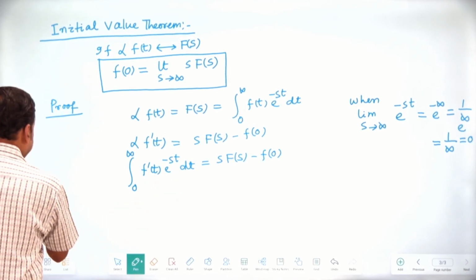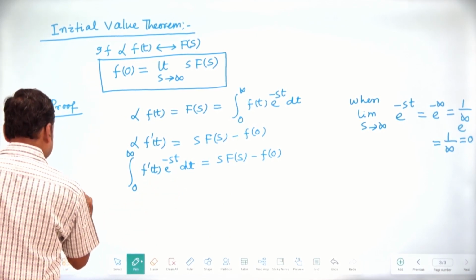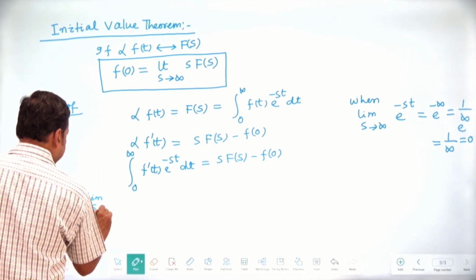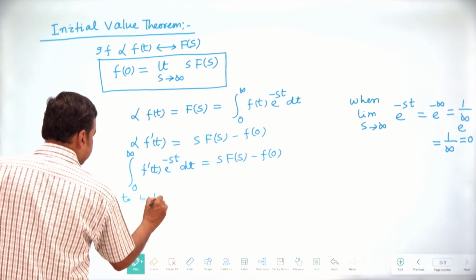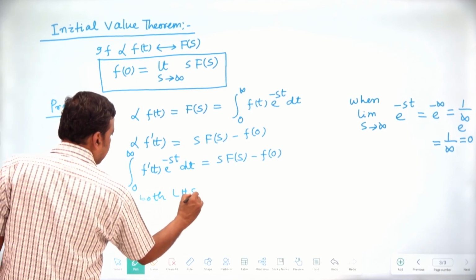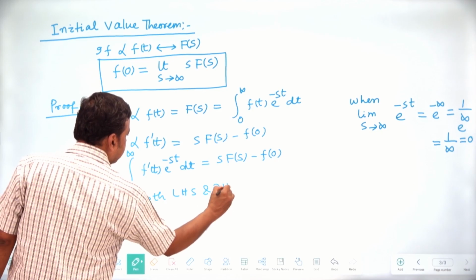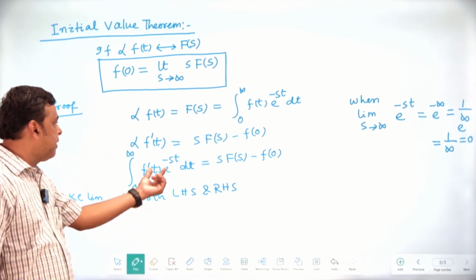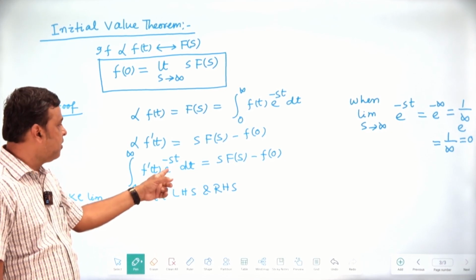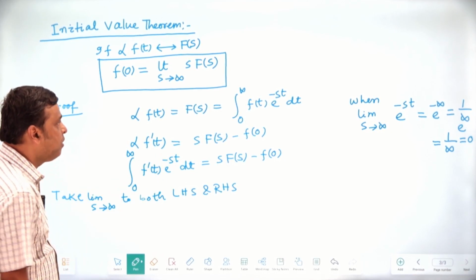So take the limit s tends to infinity on both the LHS and RHS. What happens? As s tends to infinity, that integral becomes 0 because e^(-infinity) is 0.